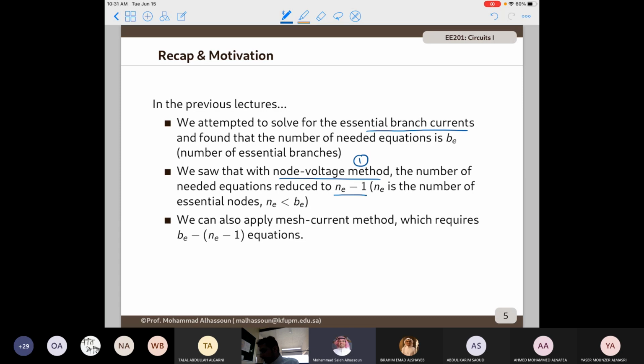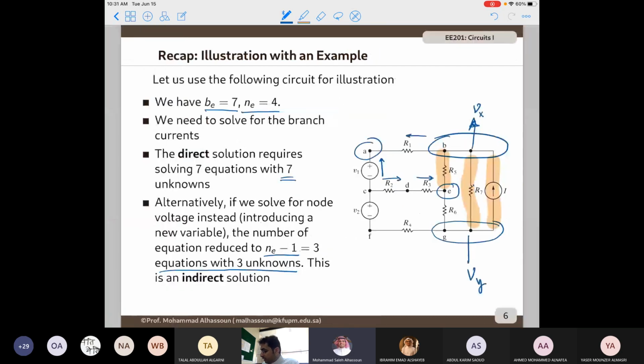And maybe next lecture or the lecture after that, we're going to consider the mesh current method, which is another method. Here, the new variable, the intermediate variable that we're going to introduce is the mesh current, which is, for example, here, the current that's passing through this element.